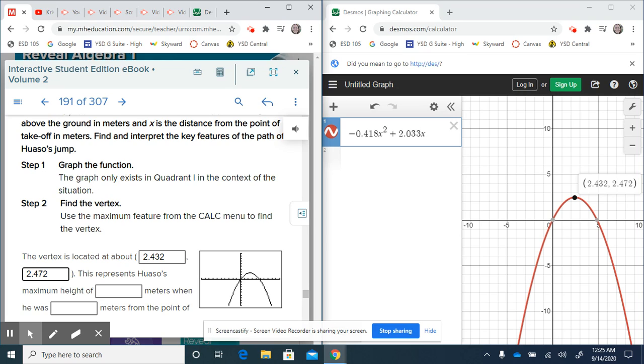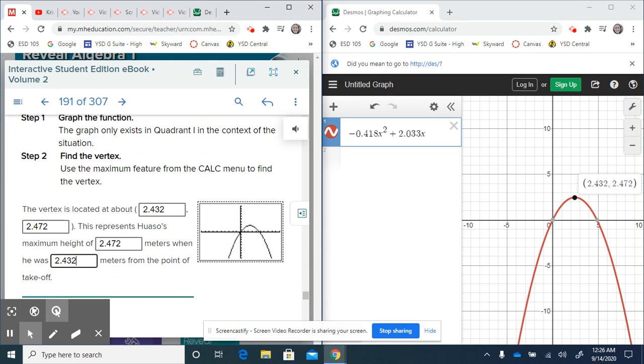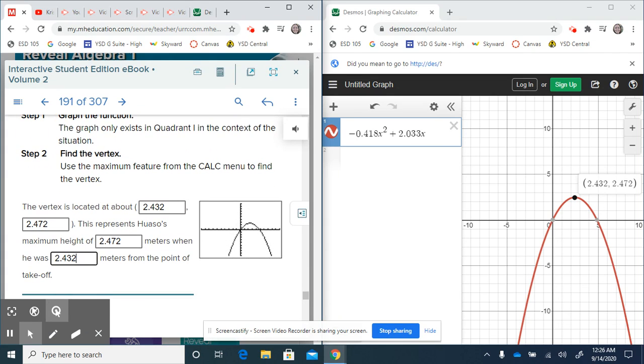This represents his max height, the max height of 2.472. So our y value is representing the height when he was 2.432 meters from the point of takeoff.